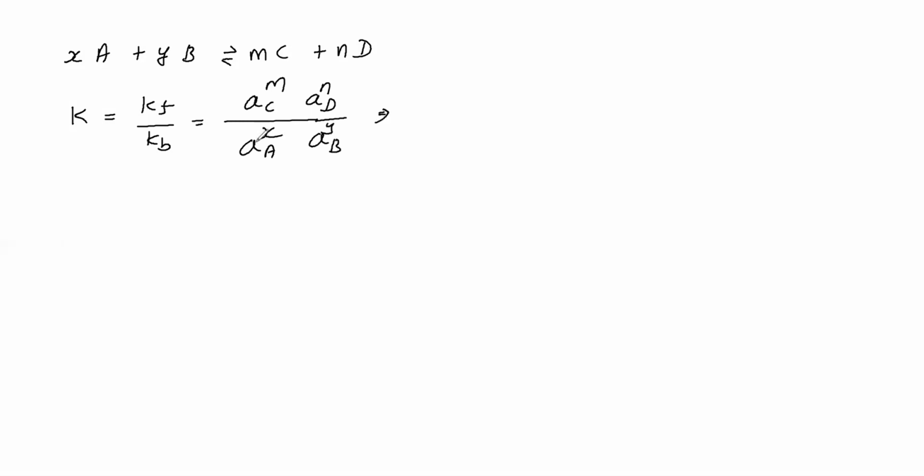Next we will write equilibrium constant in terms of concentration. Kc is equal to, in the place of active mass we can write concentration, in the case of infinitely diluted solution. For infinitely diluted solution we can write concentration in the place of active mass.